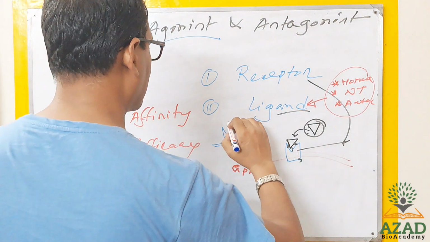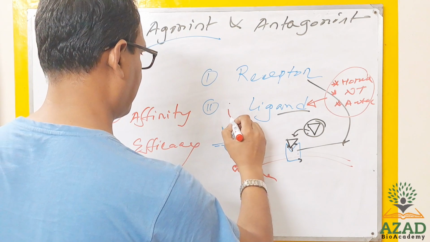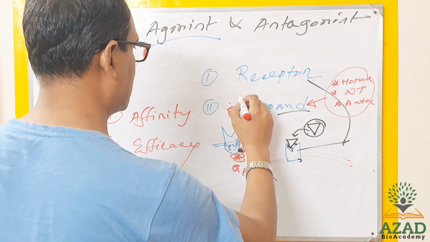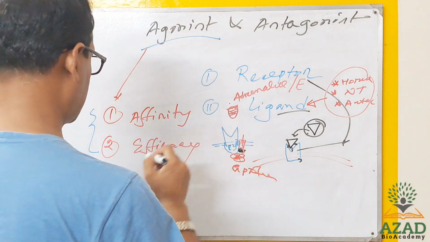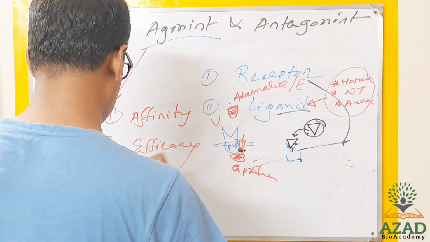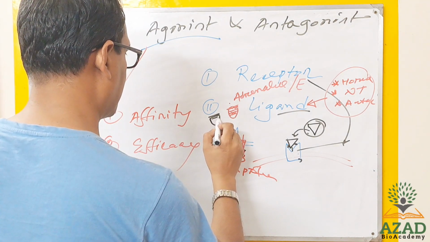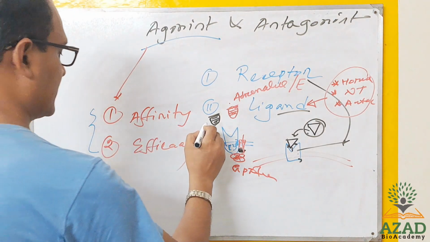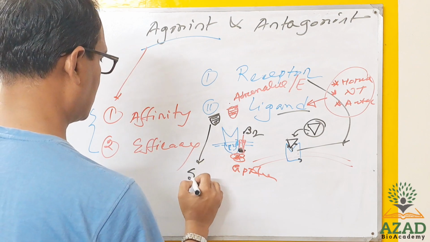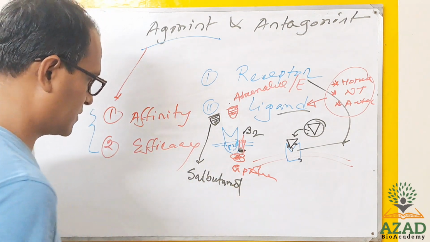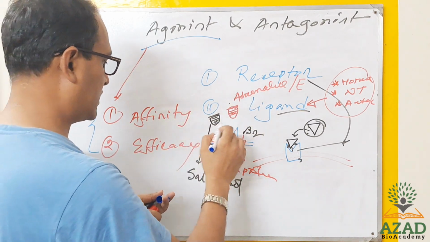Okay, so here you can think of a similar structure, you can say this is adrenaline, or epinephrine, and suppose you can think this is the beta 2 receptor, and this is the epinephrine, and this is salbutamol.